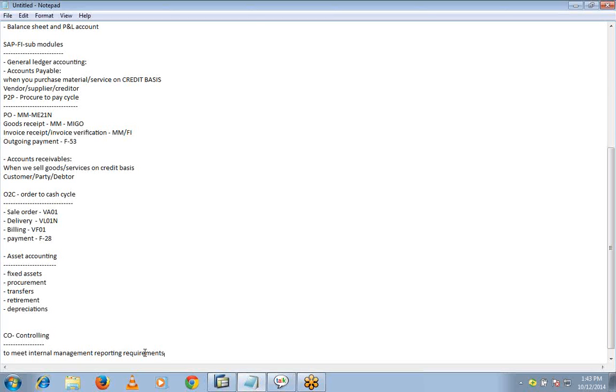Let us say my department cost should not go beyond 10 lakh rupees for the month. Every month I have a plan for 10 lakhs. My actual should not go beyond 10 lakhs. As a manager, I want to control my cost. That is my limit.